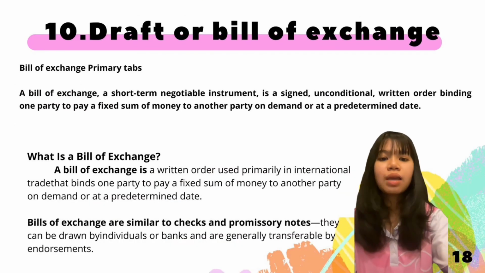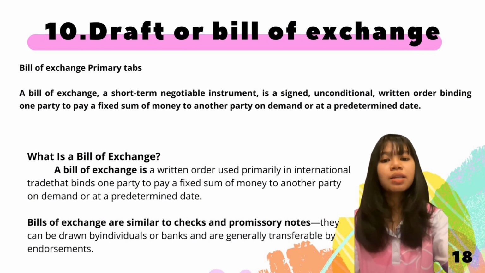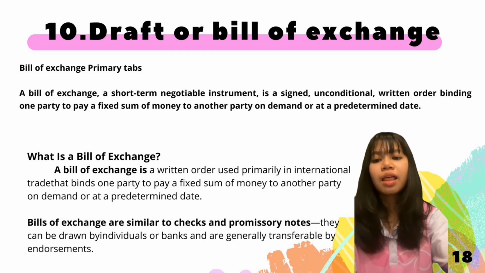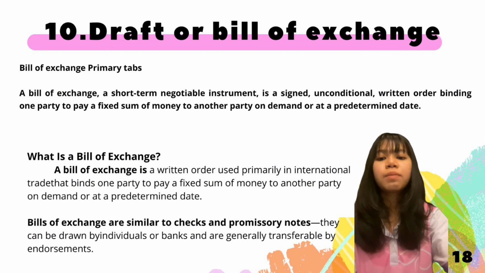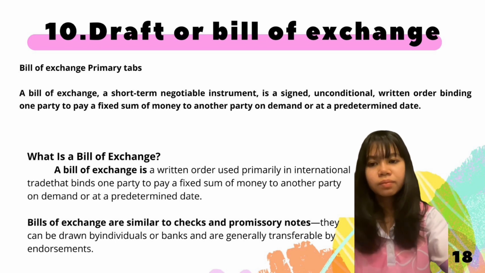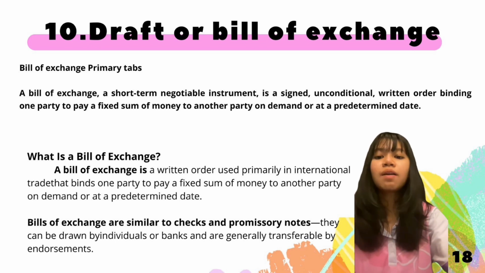Draft or bill of exchange. A bill of exchange, a short-term negotiable instrument, is a signed, unconditional, written order binding one party to pay a fixed sum of money to another party on demand or at a settlement date. What is a bill of exchange?